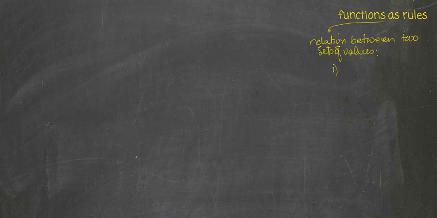So one, the input set, we call the domain. And the output set, we call the range.